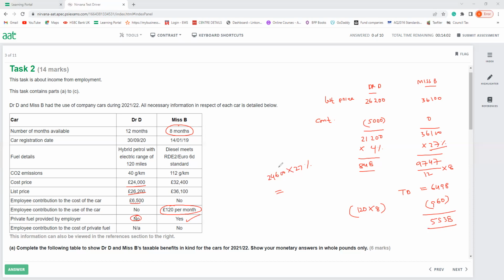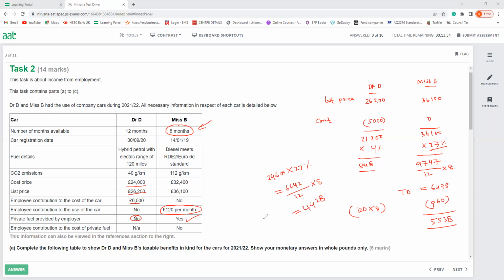And that will give us 6642. And we have to make sure the month we consider 8 months, divide by 12 times by 8. So divide 12 times by 8, and that will give us 4428. And that's it.